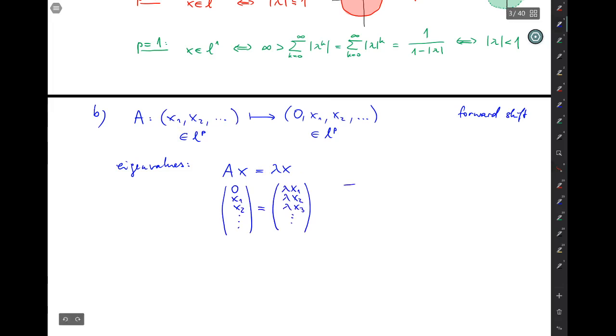And let's proceed like we did before. Well, the first thing we see is that lambda times x1 seems to be 0. Well, if a product of two numbers is 0, then one of these has to be 0.